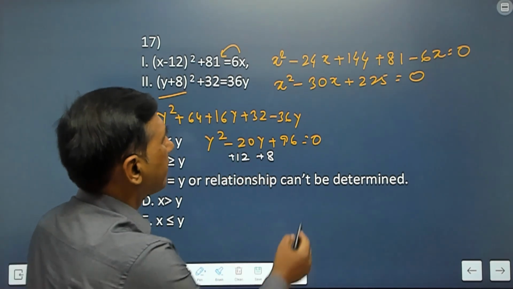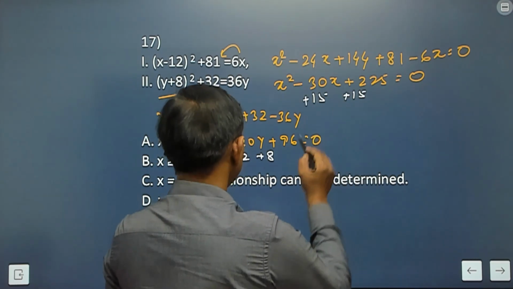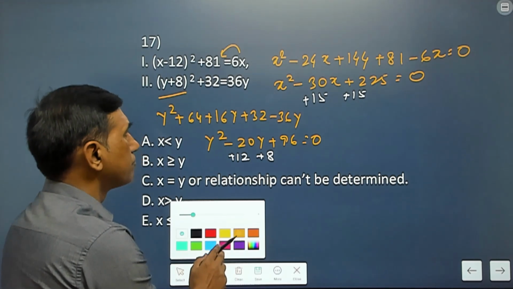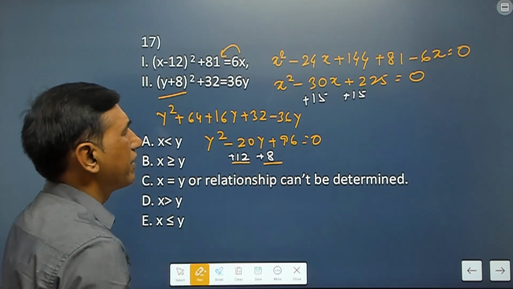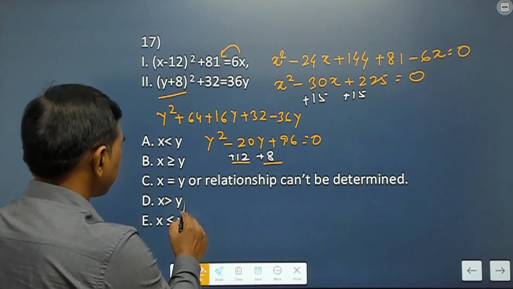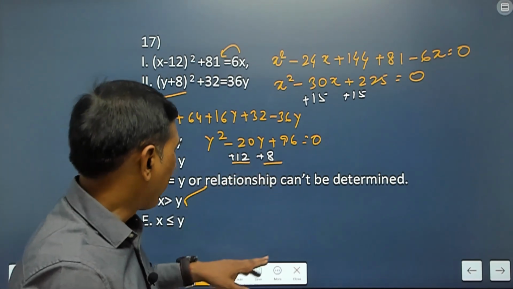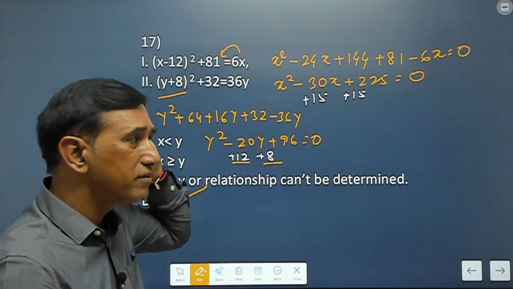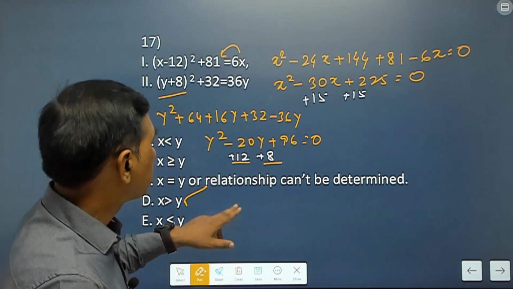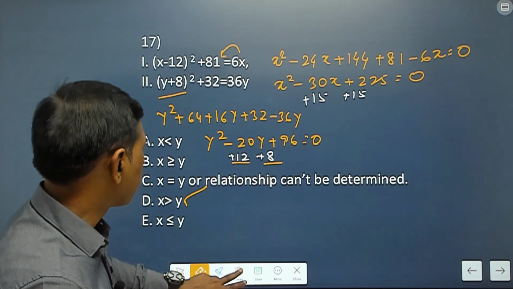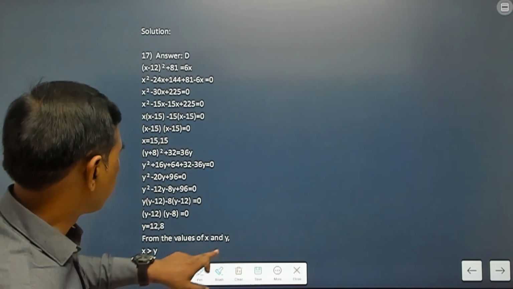So, and it is 15 and 15. So 15 is greater than both 12 and 8. So x is greater than y. I mean, finding out root is not difficult, but before you go for taking out the root, you have to do one extra step. 15, 15, 12, 8.